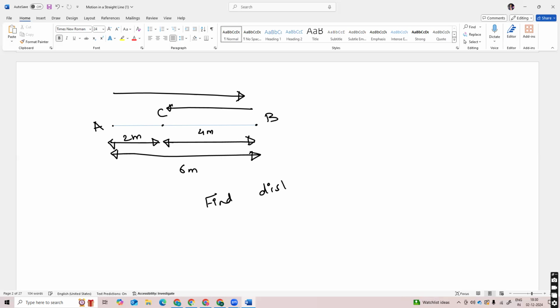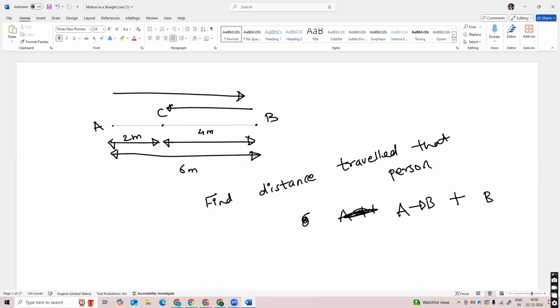So if someone asks you to find the distance traveled by that person, it will be first the distance between A to B, plus the distance between B to C. So it is 6 meter plus 4 meter, which is equal to 10 meter.